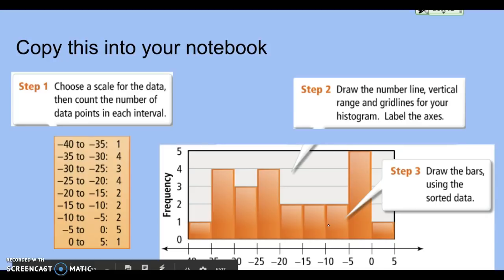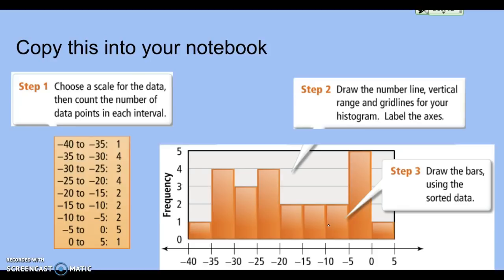All right, so the scale that was created here is across the bottom. You have below 40, then to below 34, then below 35 to below 29, to below 31, then below 30 to below 24, and then so on.